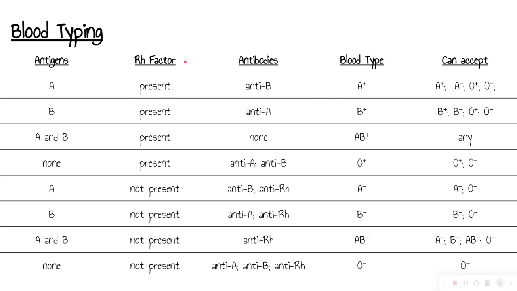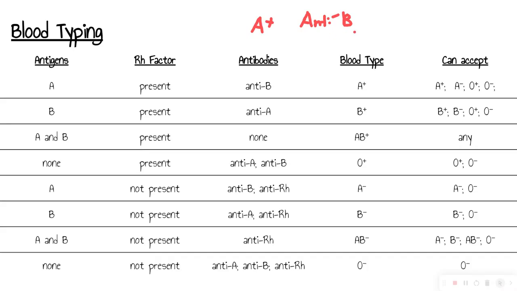So let's look at an example. So let's say we have type A positive blood. So we have A antigens. That Rh factor is present. So we are producing antibodies for the only thing we don't have, so anti-B antibodies. We have A antigens. We have the Rh factor present. And we have anti-B antibodies because we don't have the B antigen.